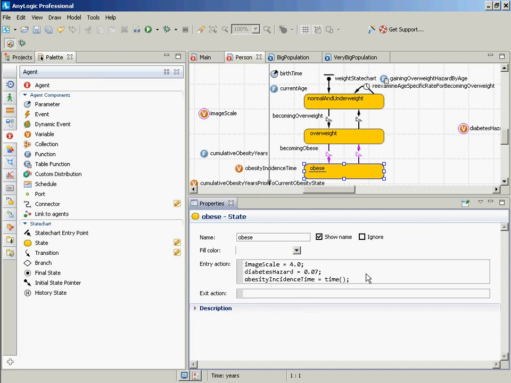Now, the next thing is the exit. On exit 4 here, watch this. Cumulative obesity years prior to the current obesity state, that's going to go up. By how much? We're going to add to it a certain value.